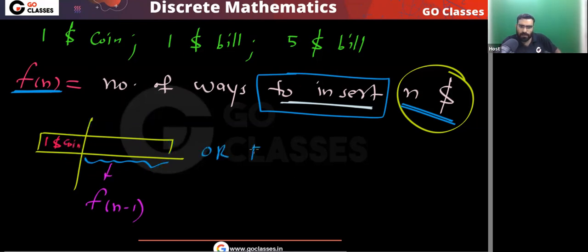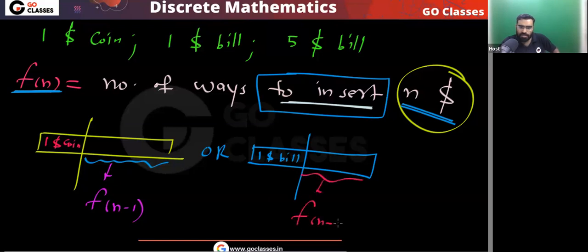Or I can start with a $1 bill. If I start with a $1 bill, then I need to insert n minus 1. Or I can start with a $5 bill.